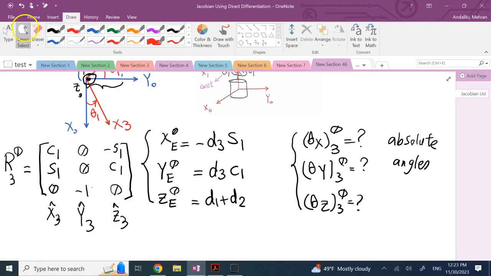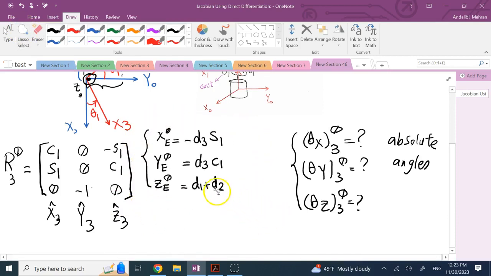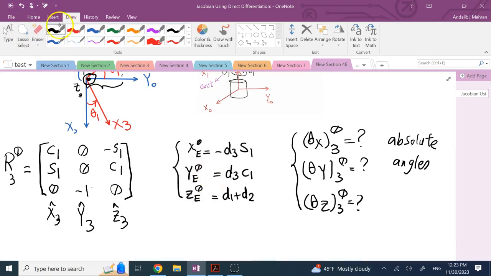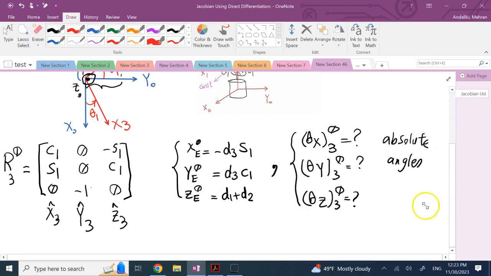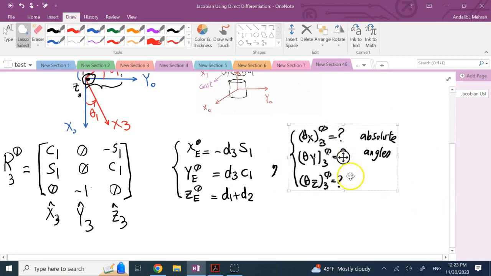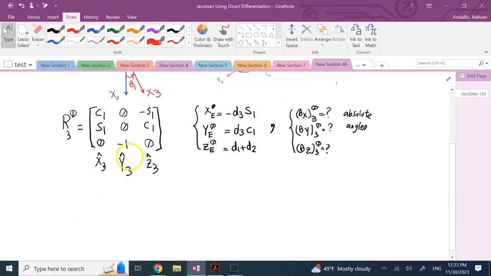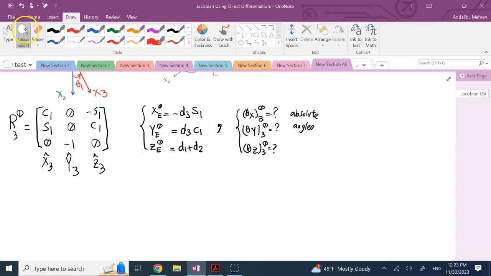Now, if I want to form this rotation matrix with 3 absolute angles, theta x, theta y, theta z, how would you do that? Well, for that, you need to know the form of the rotation matrix for the 3 absolute angles. So let's go ahead and take a look at that part.